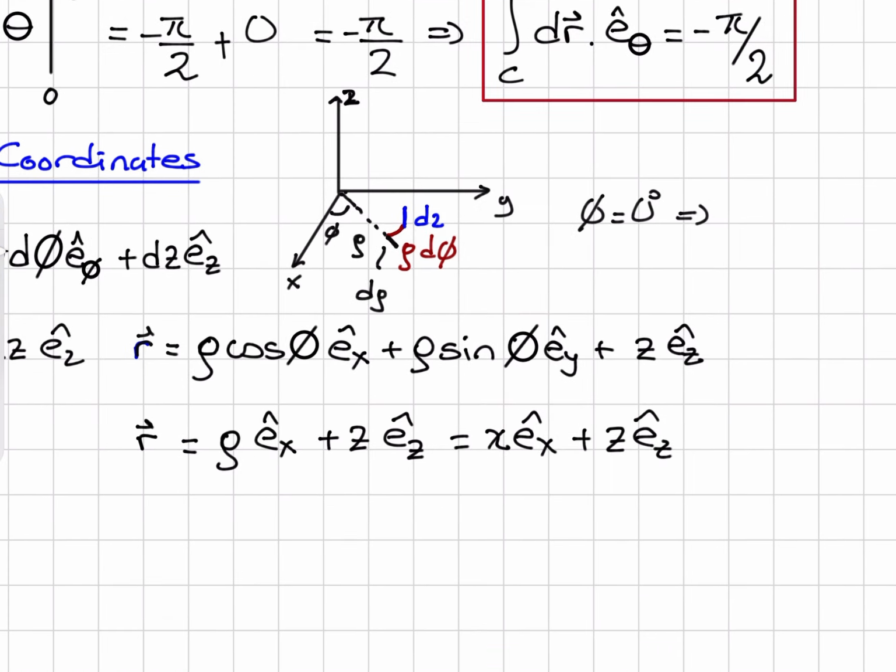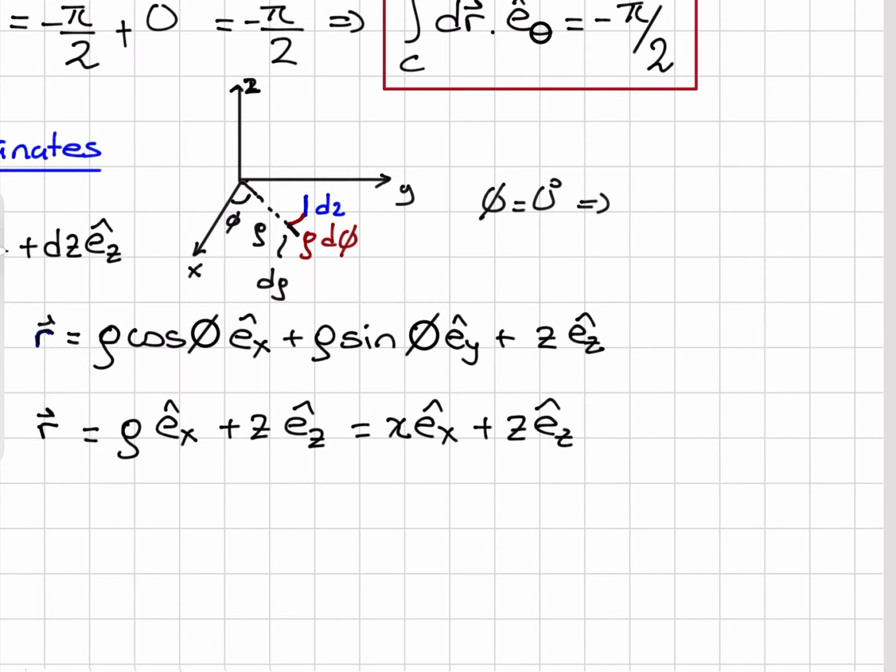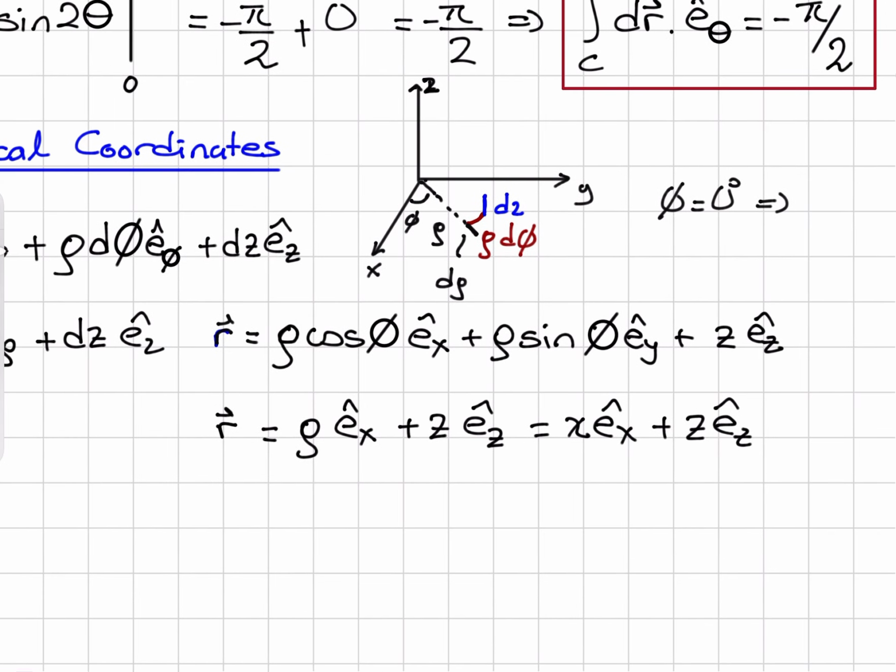So we can write e rho hat using this. E rho hat direction is the derivative of the position vector r with respect to rho divided by the magnitude of this vector.